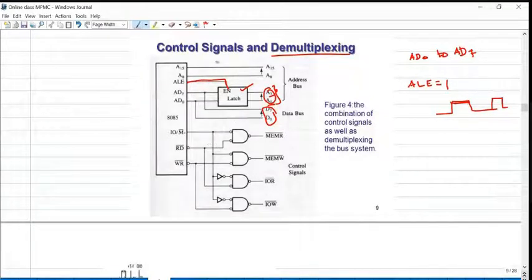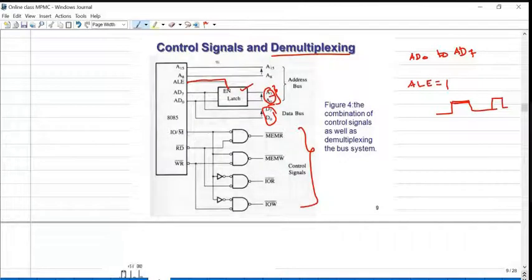IO/M bar, read bar, write bar: these are the signals available in the microprocessor. But to generate the memory read, memory write, IO read and IO write control signals, this is the circuit diagram.